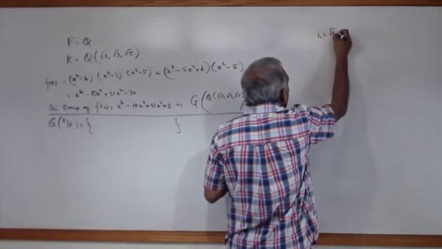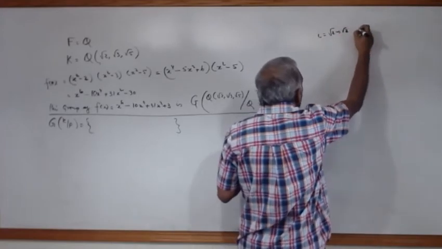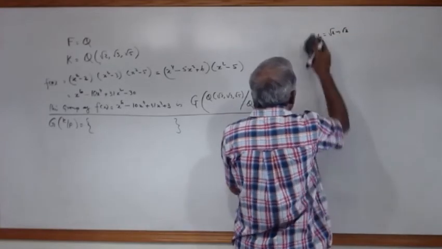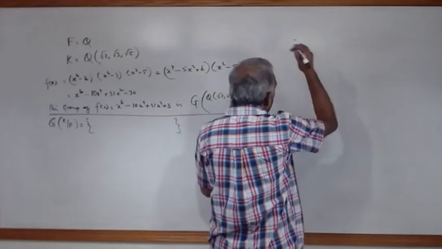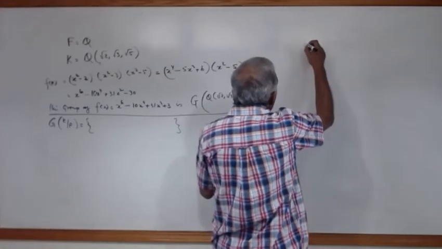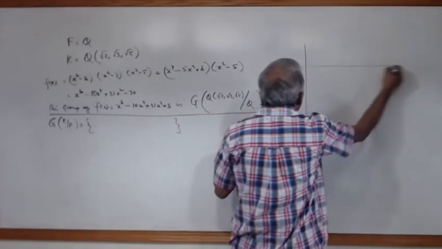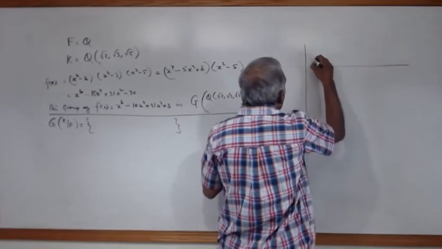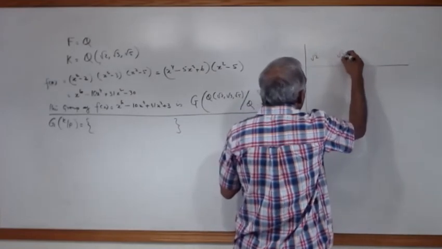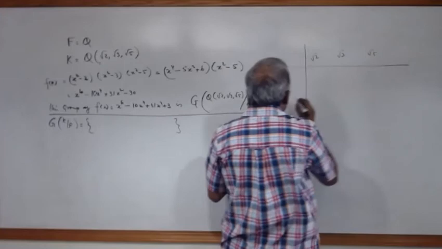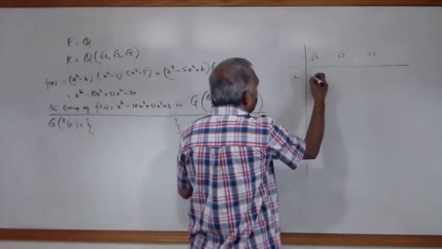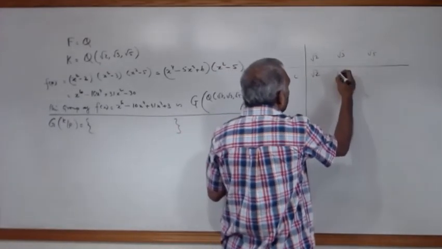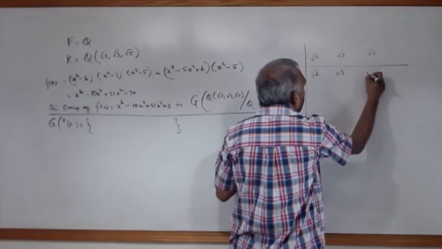That means root 2 goes to root 2. I will write it as a column like this: root 2, root 3, root 5. The identity goes to root 2, root 3, root 5.